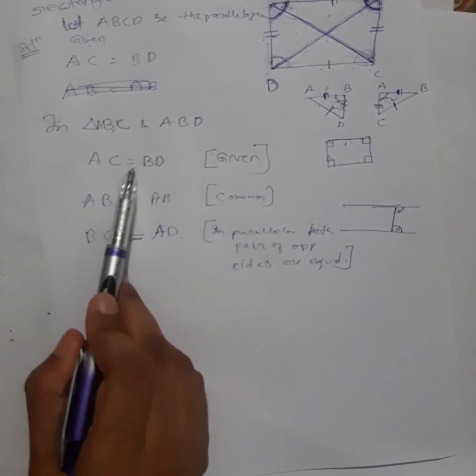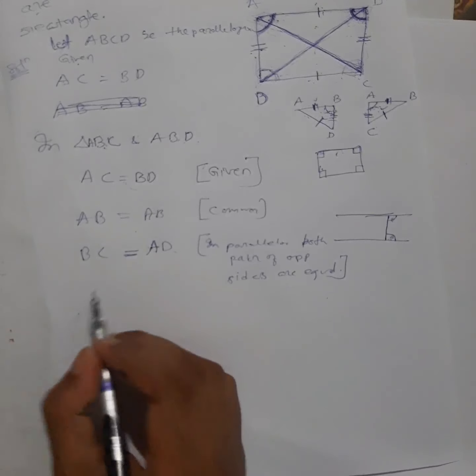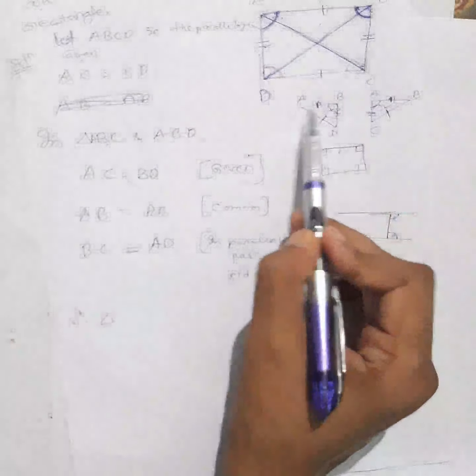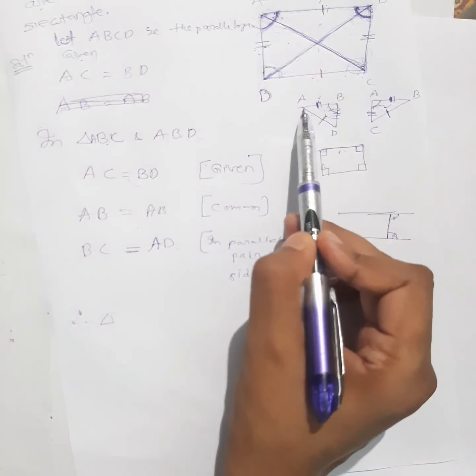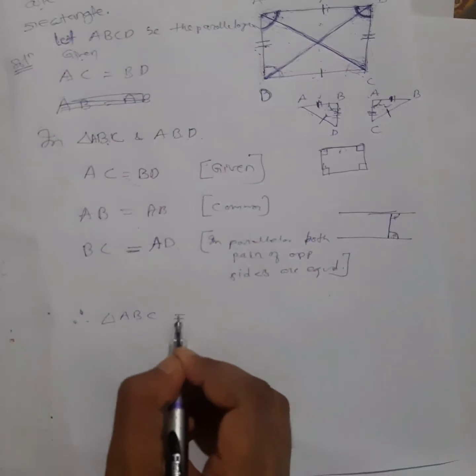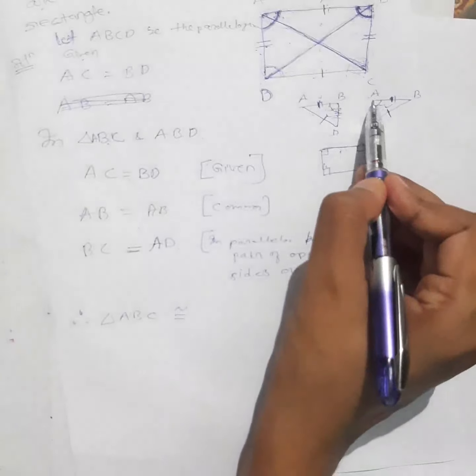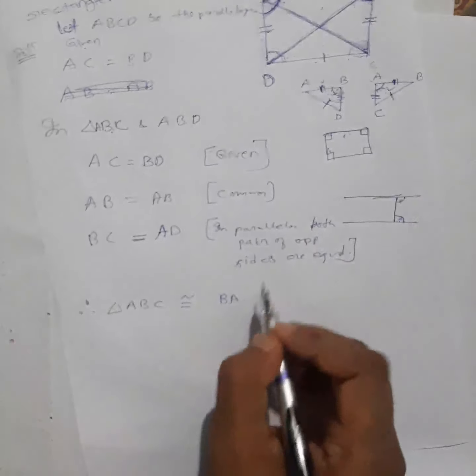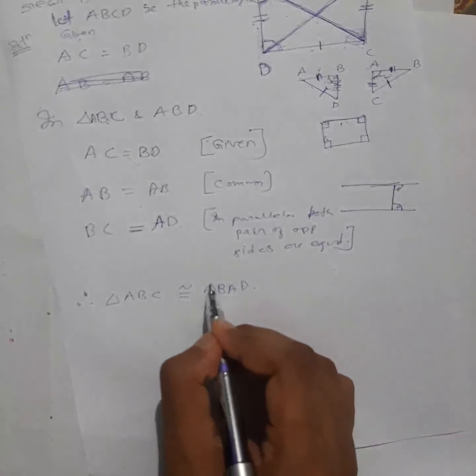So I have already shown in these two triangles, three sides are the same, corresponding. So the corresponding parts are the same. So what I can write, therefore triangle, which one is corresponding to which one, according to that you have to write down. Okay, if I write ABC here, triangle ABC congruent to, how I will write here, A is corresponding to B, so B A D. Okay, triangle BAD.